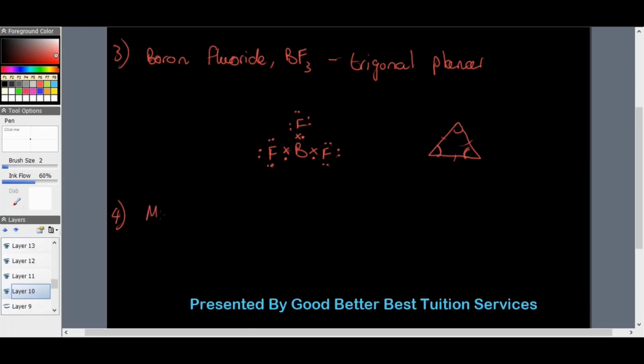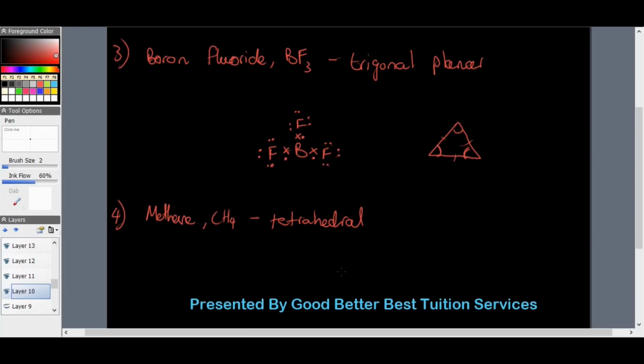Okay, the methane molecule, which you know is CH4. This shape is called tetrahedral. Okay, and we know how it looks, so I'm not going to really draw it out, because we know how methane looks. I've drawn it before.